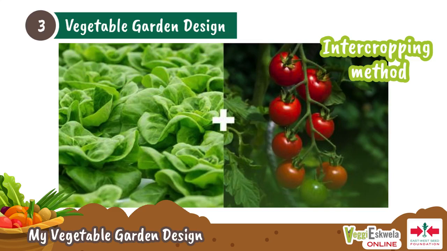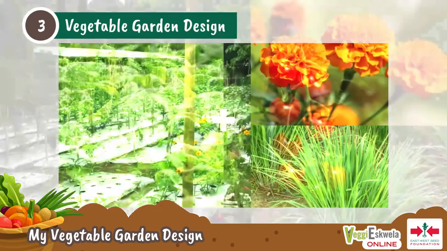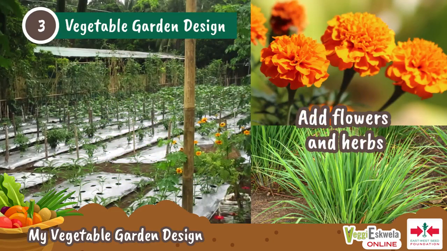Example of this is tomato alongside lettuce or pechay. Lastly, consider growing flowers in your vegetable garden. Growing marigold, herbs, and lemongrass around the vegetable plants helps keep the nematodes and other pests away.